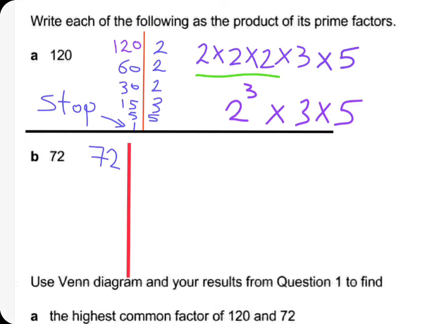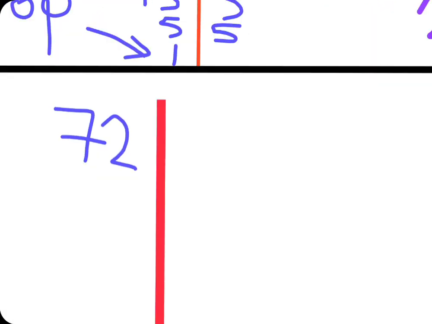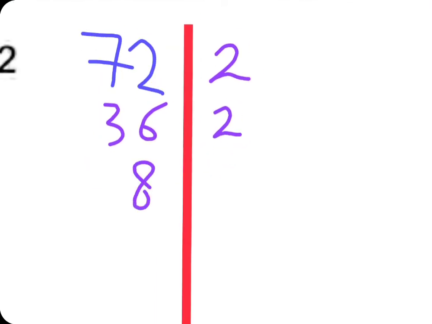Now let's take a look at 72 in question B. We're going to do the same idea. First, we're going to divide it on 2. 72 divided by 2 equals, very good, 36. And then divide it on 2 again, equals, good job, 18.